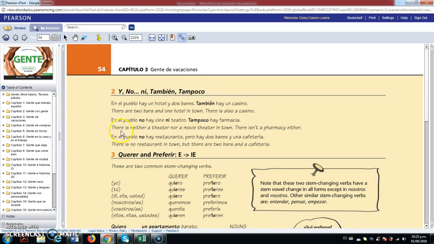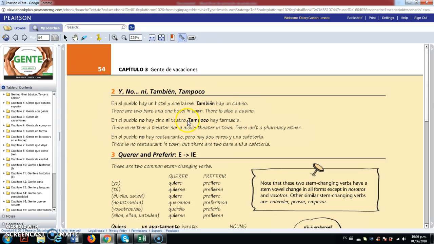If we think about the translation of this sentence in English, it will be, there is neither a theater nor a movie theater in town. There isn't a pharmacy either. Okay, so in Spanish I will say, in this town no hay cine ni teatro, tampoco hay farmacia. Okay, tampoco.